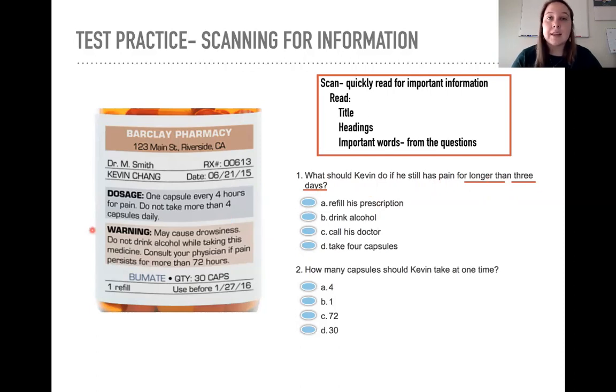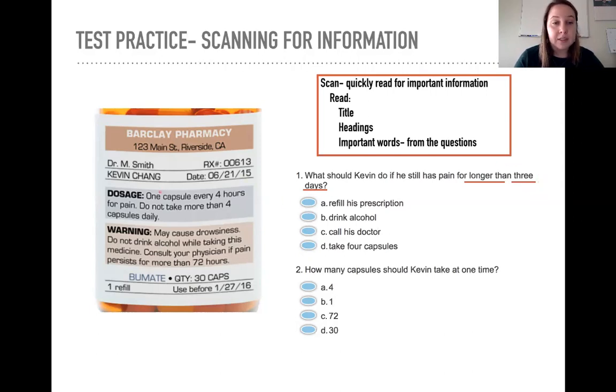And as I'm reading that, that sounds to me like something that would be in a warning, because it doesn't seem normal that he would have pain for longer than 3 days. But we can also scan the whole thing. So it's okay if you don't make that connection. You can scan all of it.